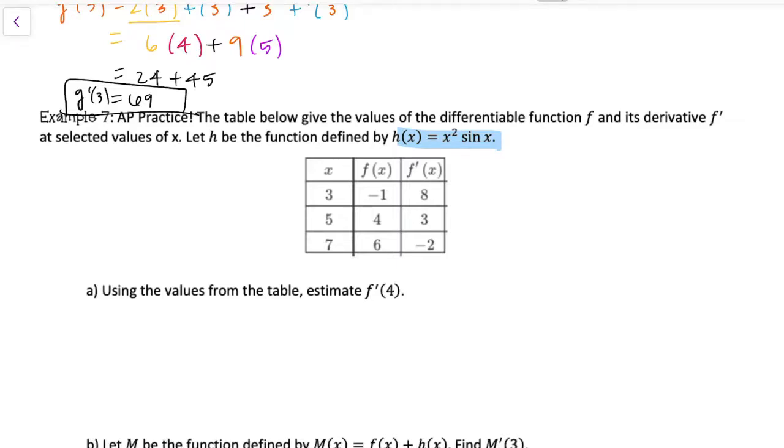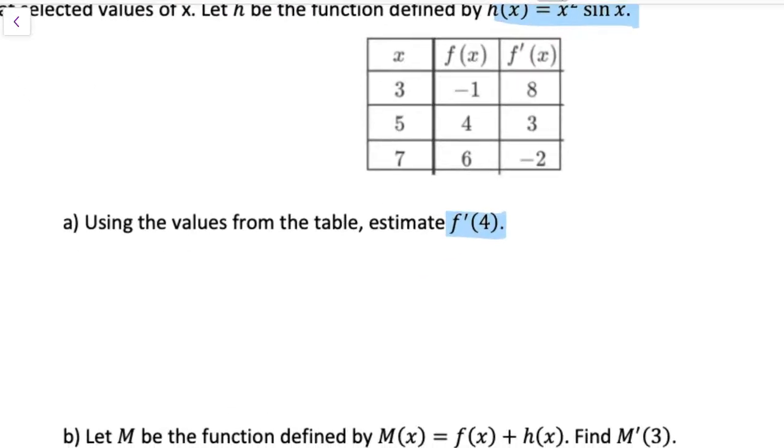Now, be careful. f prime of 4, we are going to evaluate not by averaging f prime of 3 and f prime of 5, but rather using our idea of the derivative. So the derivative is the slope, right? Well, if you've got these 2 points, you've got the x-coordinate of 3 and 5, and we've got -1 and 4, our derivative is going to be approximated using the slope between those points.